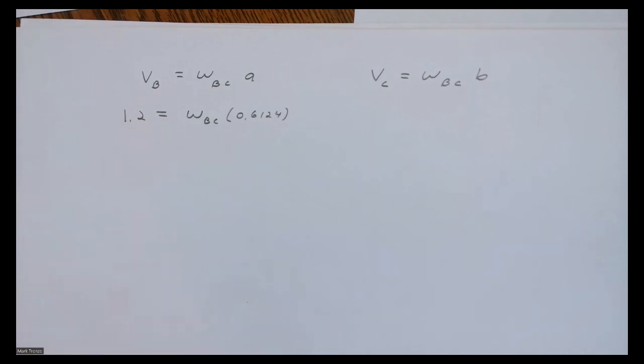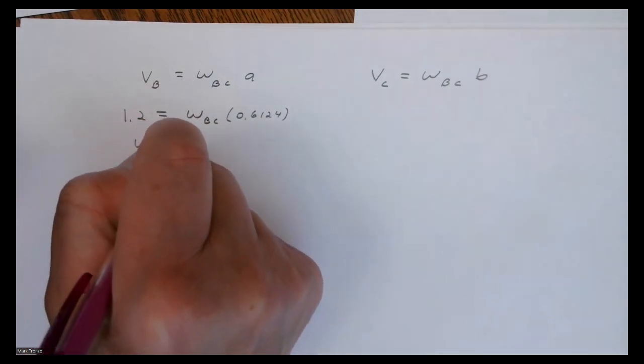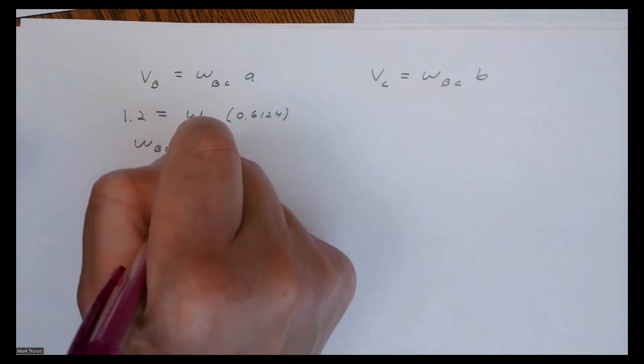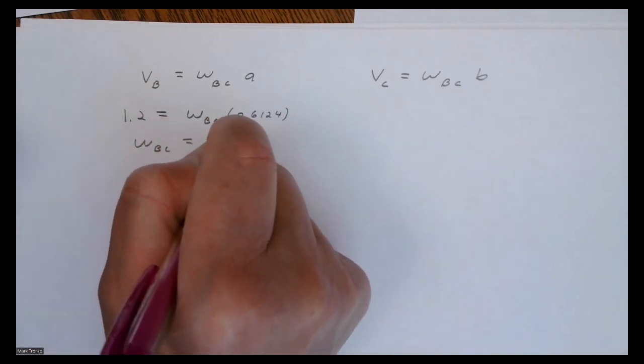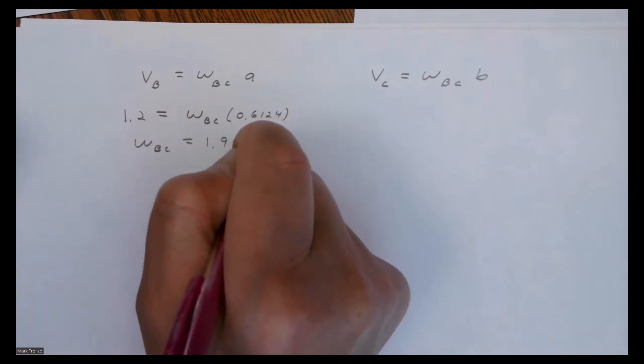And when we calculate, omega BC will be 1.96, I guess, radians per second.